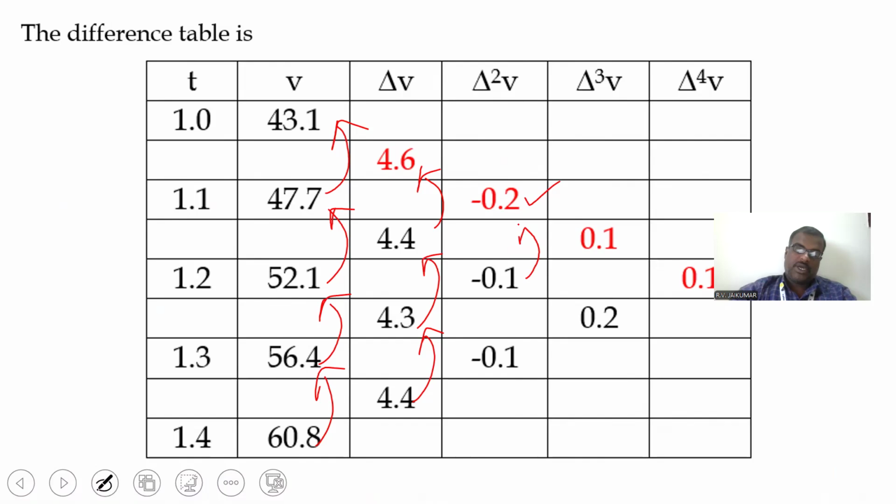Now, minus 0.1 minus of minus 0.2 gives you plus 0.1.